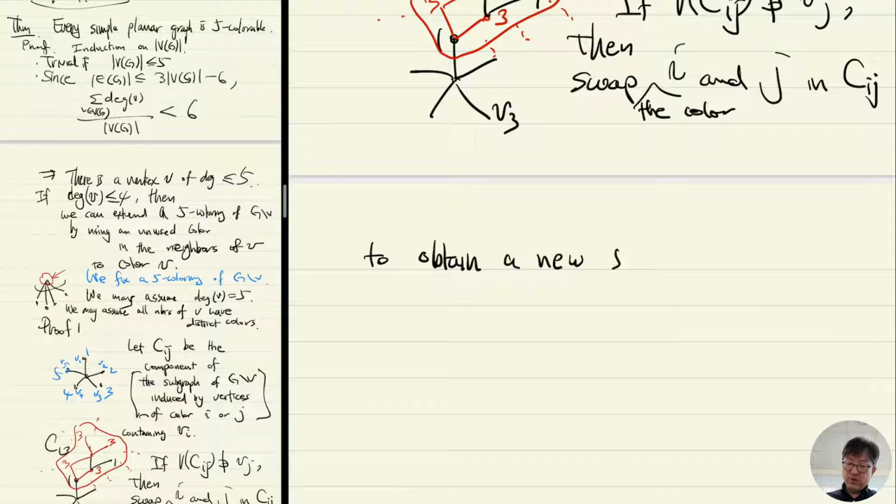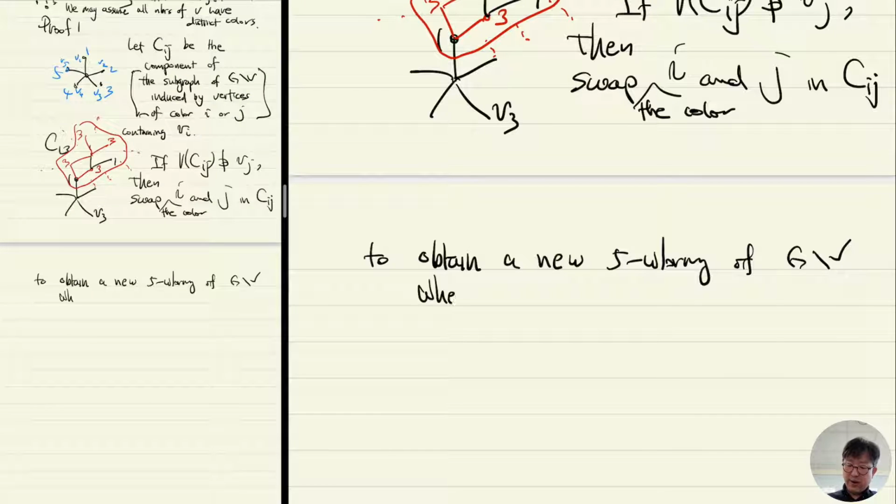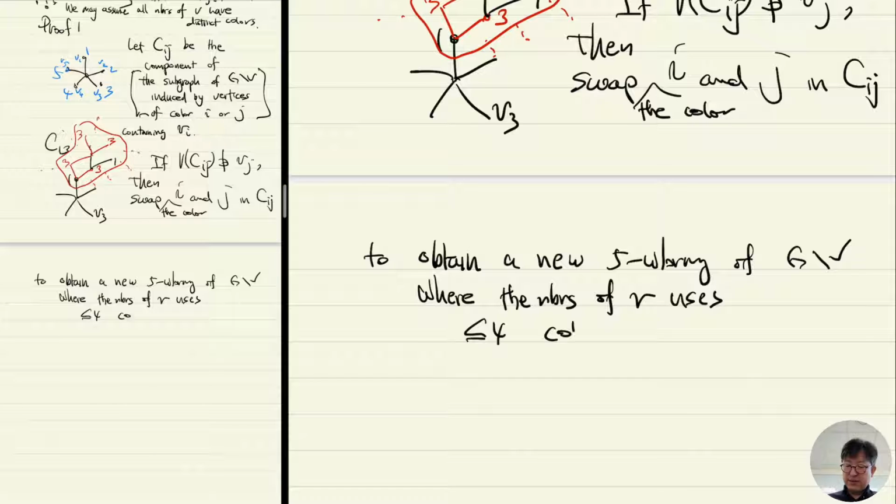A new 5 coloring of G delete V, where the neighbors of V use at most 4 colors, which is good since it doesn't use I. Then G is 5 colorable.